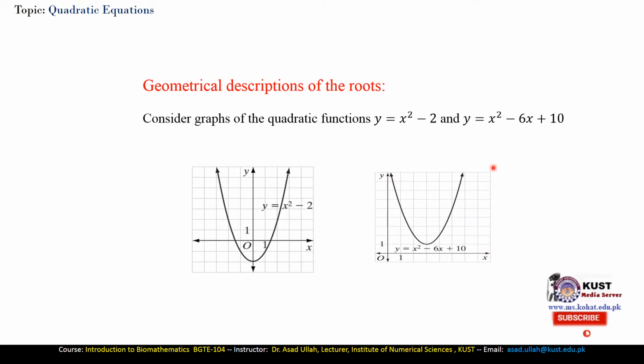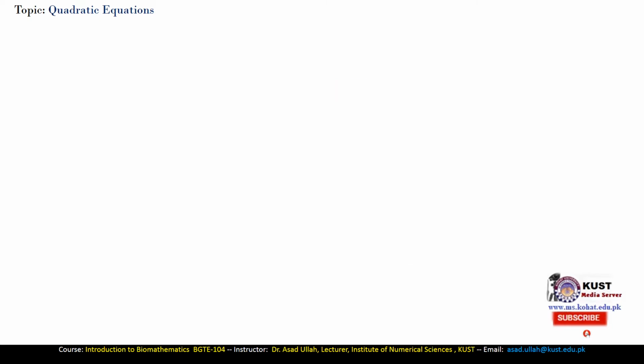So, what will be the roots of this equation in this case? We discussed the solution of this equation in the previous slides, which are in the form of complex roots. So, it does not cross the x-axis, so the roots lie in the complex plane and we get complex roots.